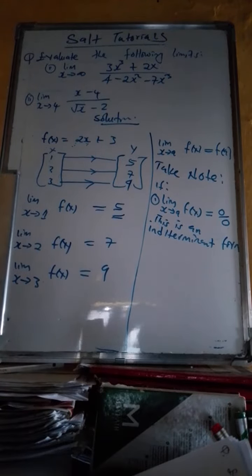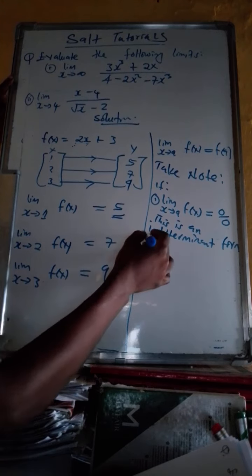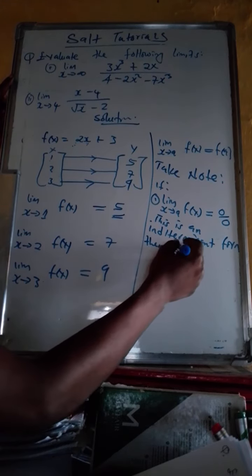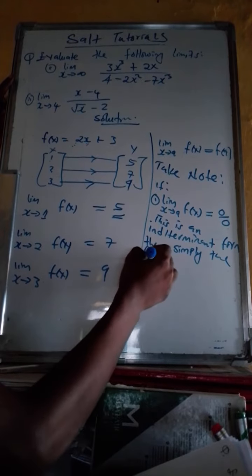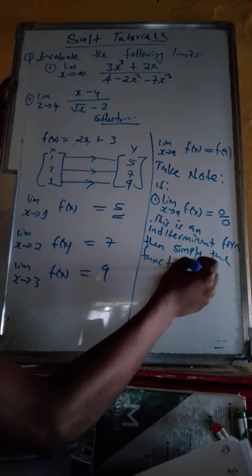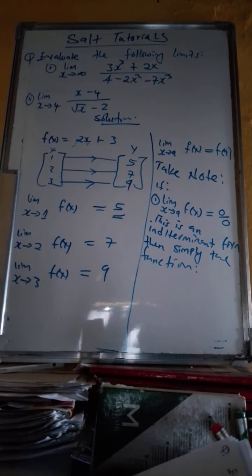So what do I need to do when I have such a case? Then simplify your function. We need to simplify our function for the limit to exist. That's what we are simply having there.